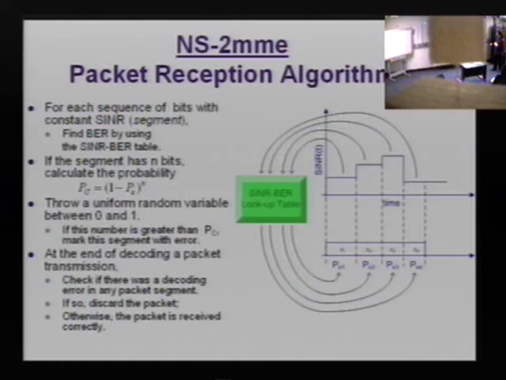To see if it has or not, we throw a uniform random variable between 0 and 1, and if this number is greater than PC, we mark it with error. If any of these segments has an error, the packet will be discarded. In order to correctly receive this packet, none of them should have an error.